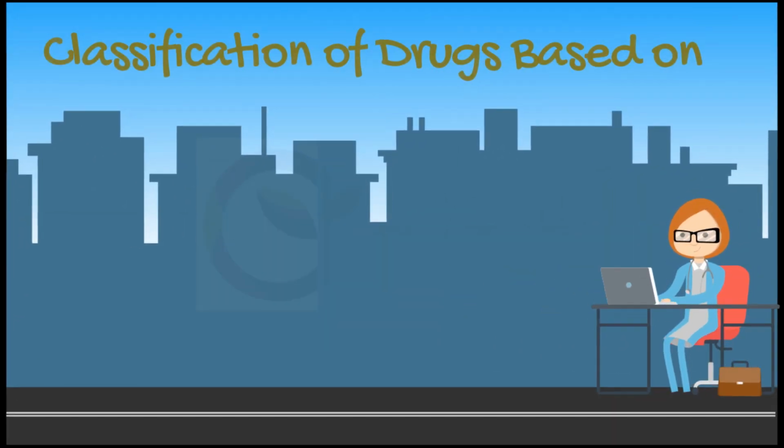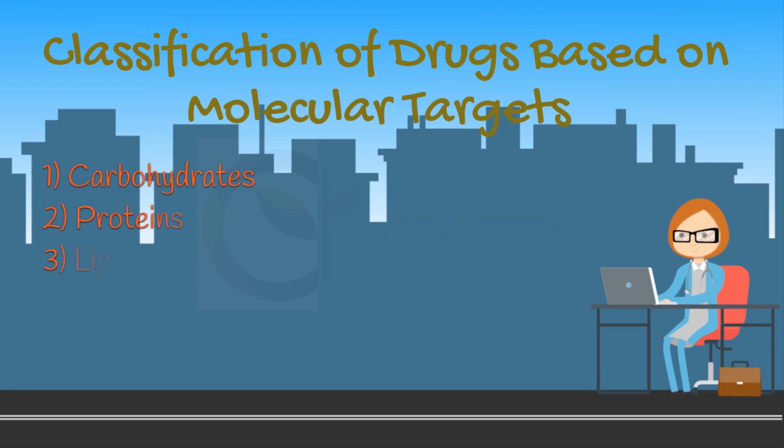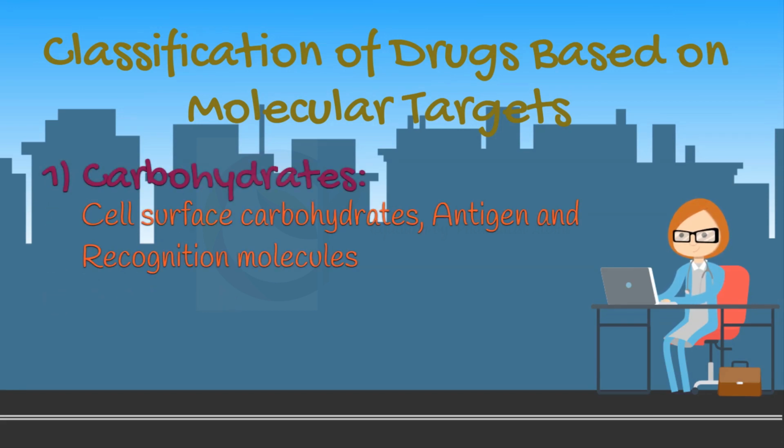Let's proceed to the next classification, and that is classification of drugs based on molecular targets. This classification is based on the type of macromolecule or biomolecule the drugs interact with. The common drug targets can be carbohydrates, proteins, lipids, and nucleic acids. Carbohydrates, such as cell surface carbohydrates, antigen, and recognition molecules.